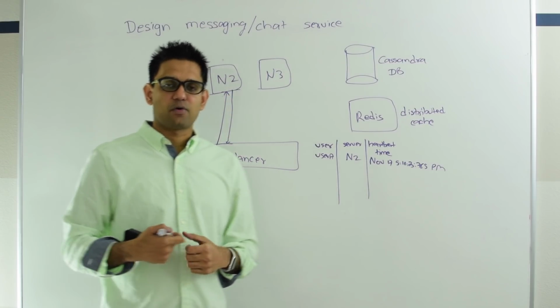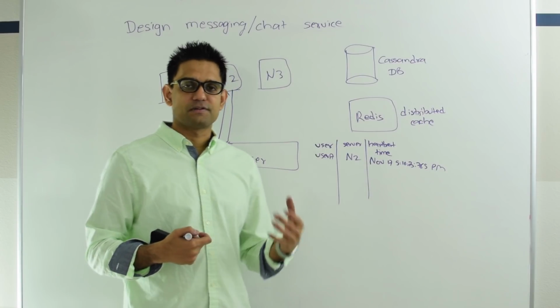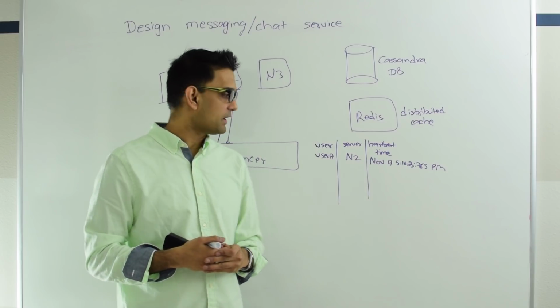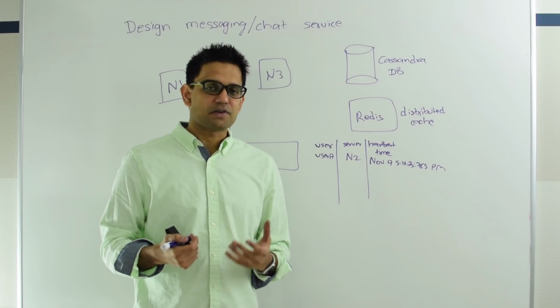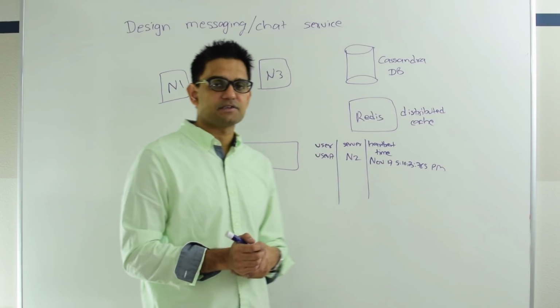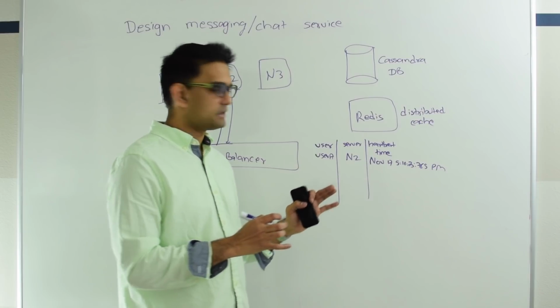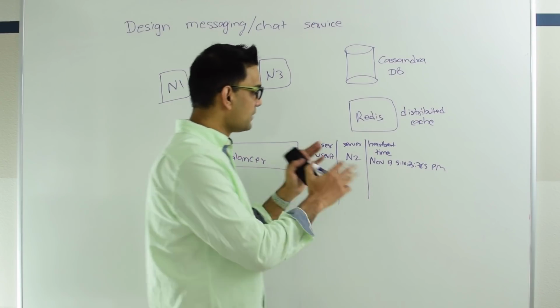Facebook has like 1 billion users, and every host these days can easily have like 100 gigabytes of memory. So holding 1 billion users' information would not take more than 10 hosts. So we can easily hold all this information for all 1 billion users in memory.